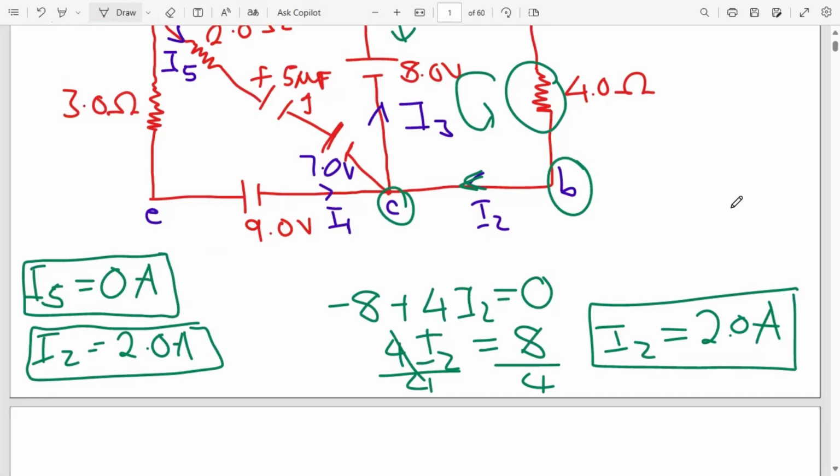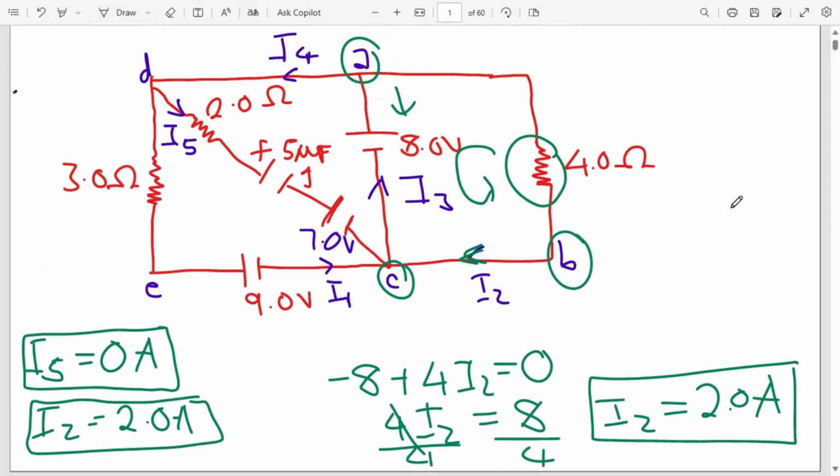The keyword is noticing the direction, or directing the loop in the way we've directed it. I've directed it in an anti-clockwise direction. So from point A to C, our direction is flowing from the positive plate to a negative plate. That means there's a voltage drop, so it's a minus 8.0. Then from point B to A, we have current I2 flowing against the direction of the loop that we've chosen.